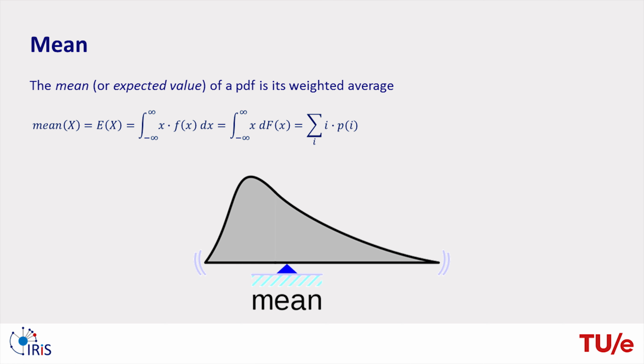In its most generic definition, however, you can also define it directly on the cumulative distribution function using a so-called Riemann-Stieltjes integral. So then E of x is the integral of x dF(x), with capital F(x) being the cumulative distribution function.